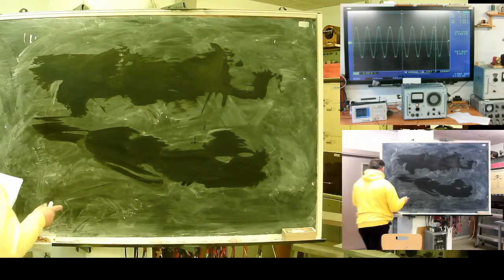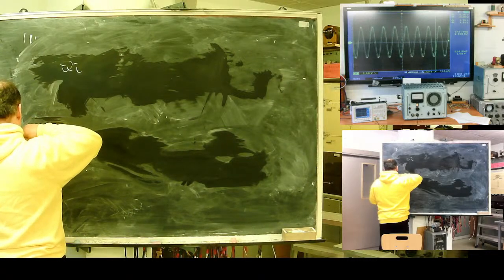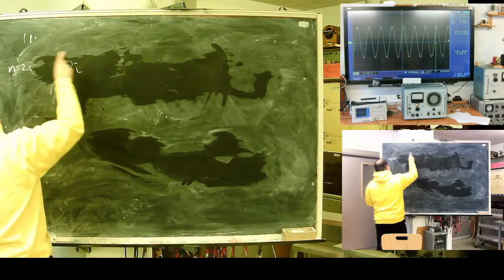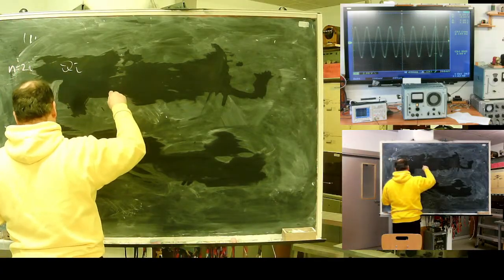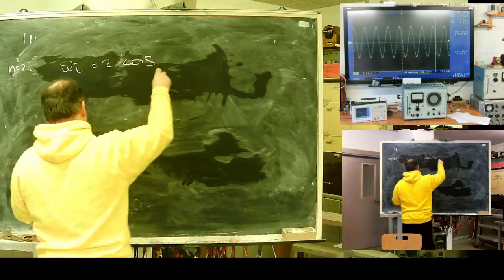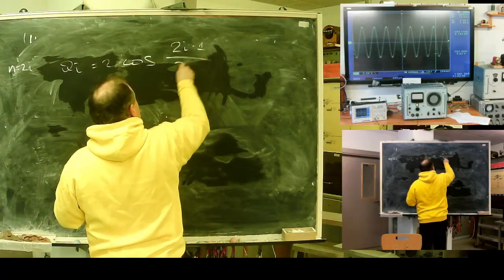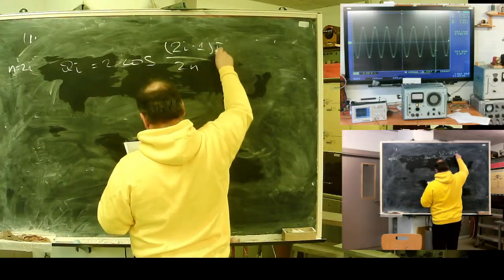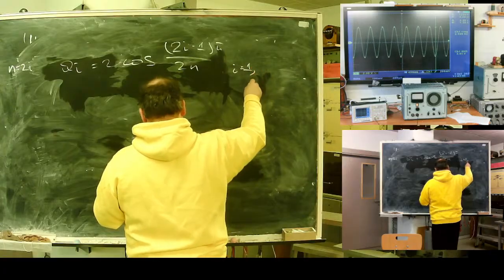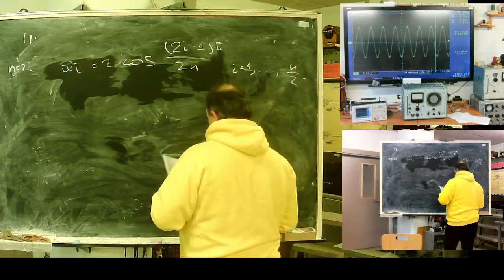For odd n, the coefficient is 2 cosine of (2i minus 1) pi divided by 2n, for i starting from 1 and up to n by half, where n is the order.